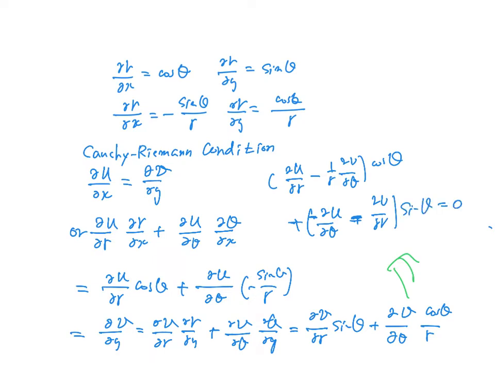And this relation should be true for any theta. So what would be the condition that this relation is true for any theta? Then the coefficients of sine and cosine should be 0, right? If this is going to be 0 for any theta, then the only possible condition is this.